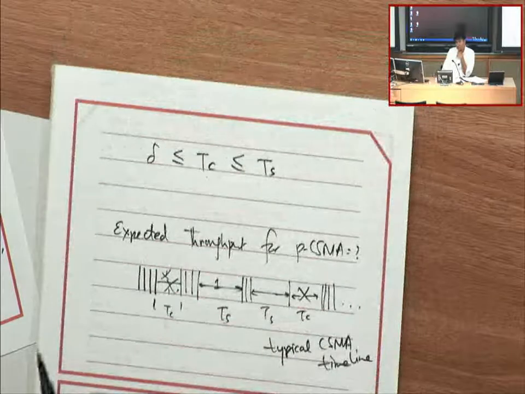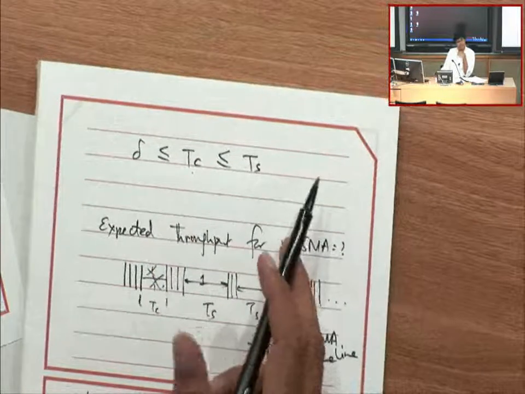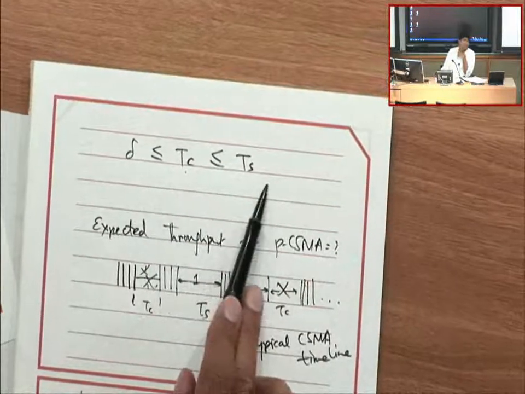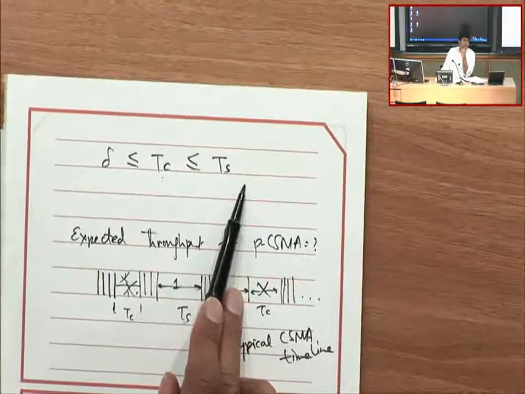Conversely, you could argue that slotted aloha is just a special case of CSMA in which delta equals TC equals TS. Right?